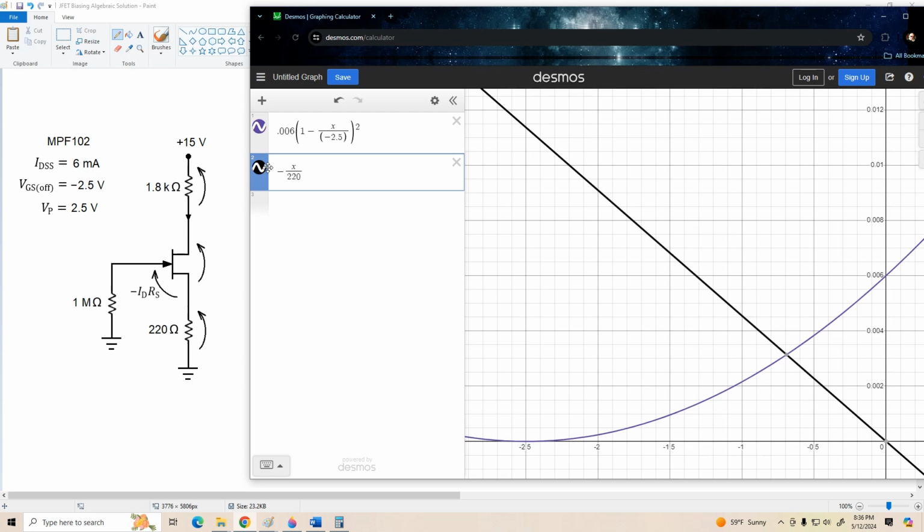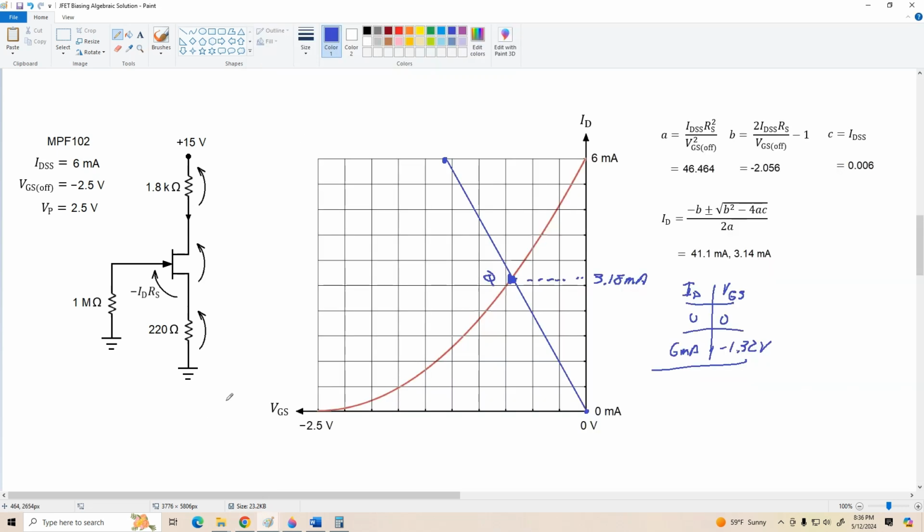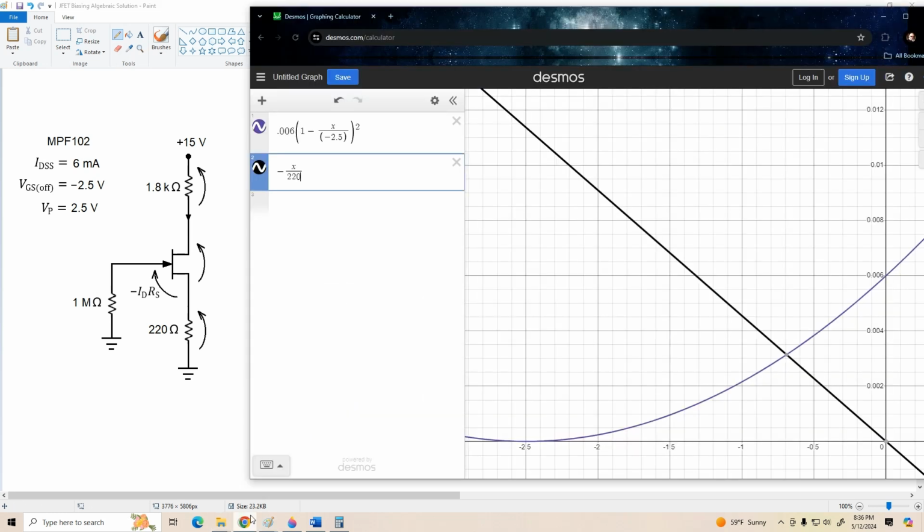And there is our ID times RS line plotted on Desmos. And you can see that the intersection here is given at 3.14 milliamps. And again, what did we have? Well, the algebraic approach told us it was 3.14, and that's what we're getting here as well.